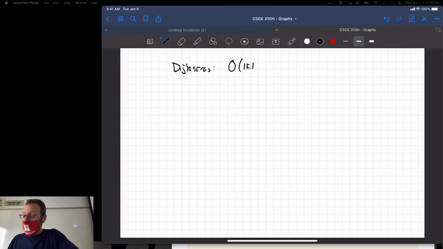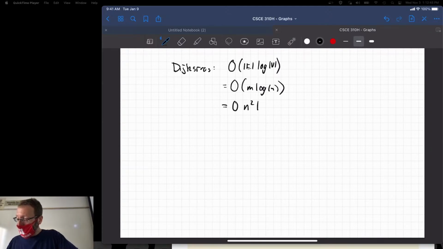But if you do, say, a heap on the vertices, it's going to look something like this, which is equal to order m log n, which at most is going to be order n squared log n. So from that perspective, one run is better than one run of Floyd's, but Floyd's gives you more information.